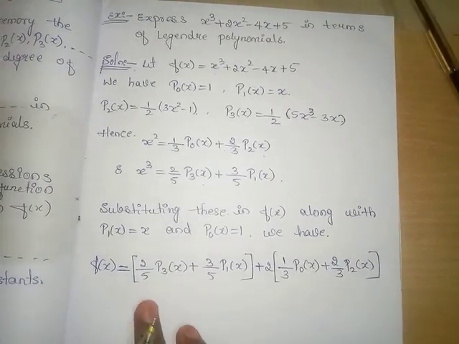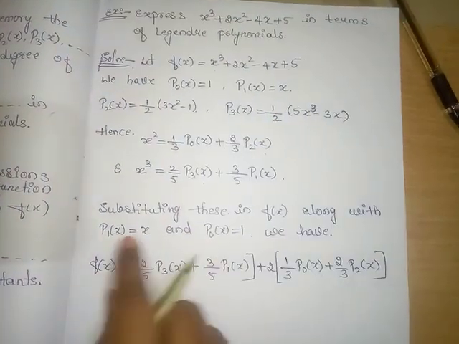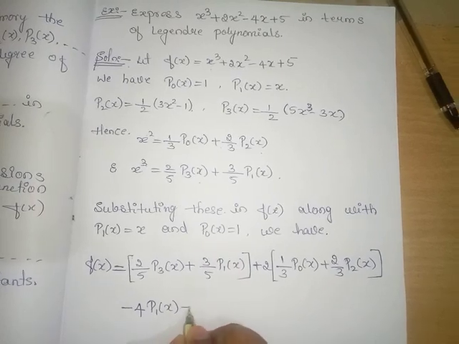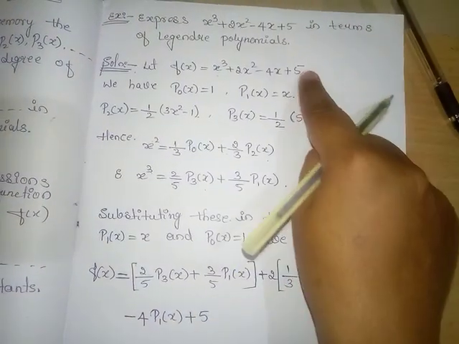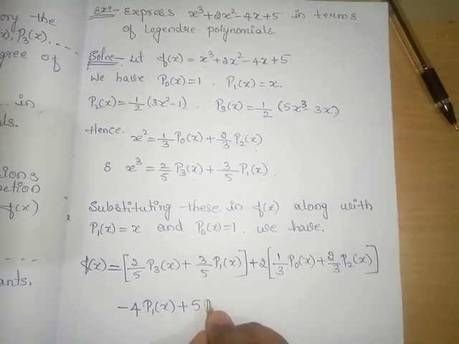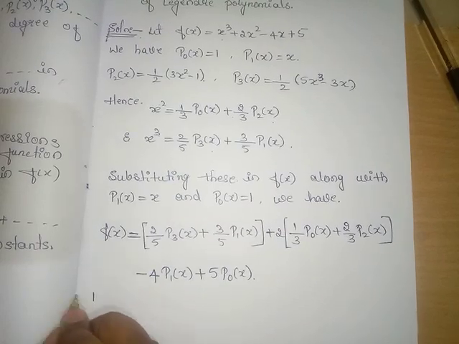The remaining terms I will write below: minus 4 into x is P1 of x, plus 5 into 1, and 1 is P0 of x.